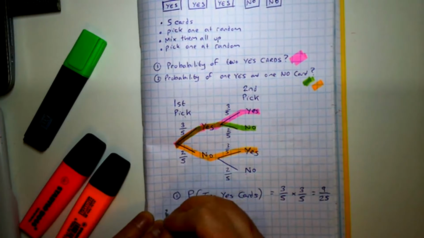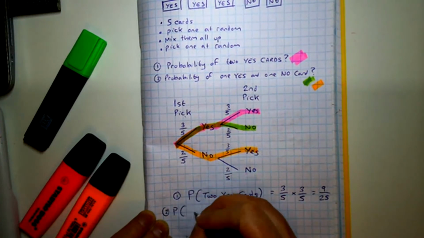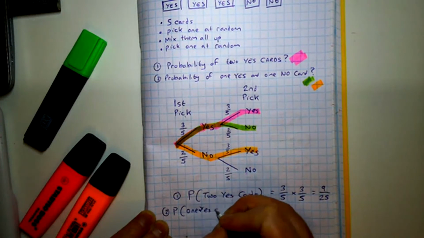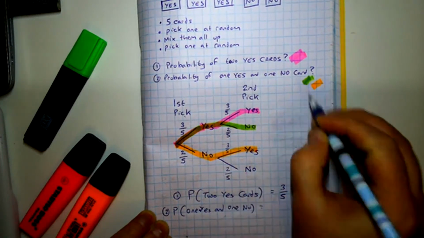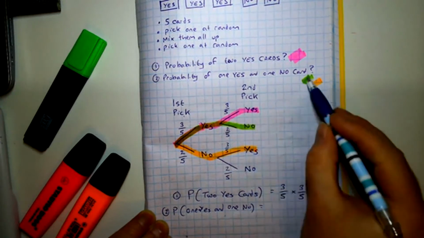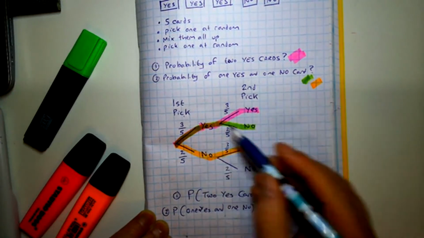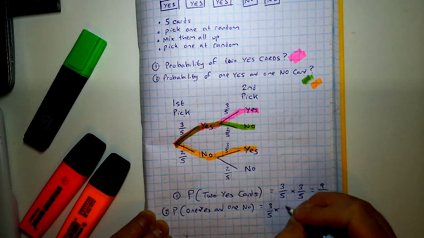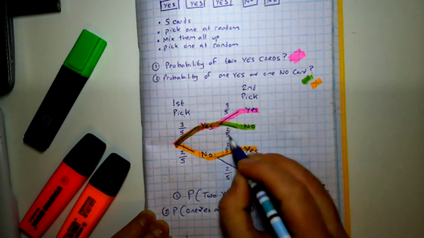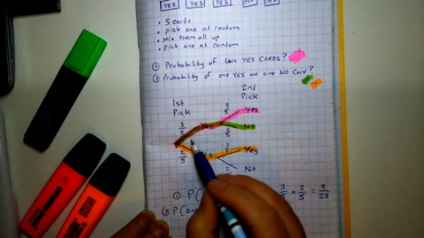So probability of 1 yes and 1 no is both of those things. So the green one, that's 3/5 times 2/5 this time, because that says 2/5 on that line.